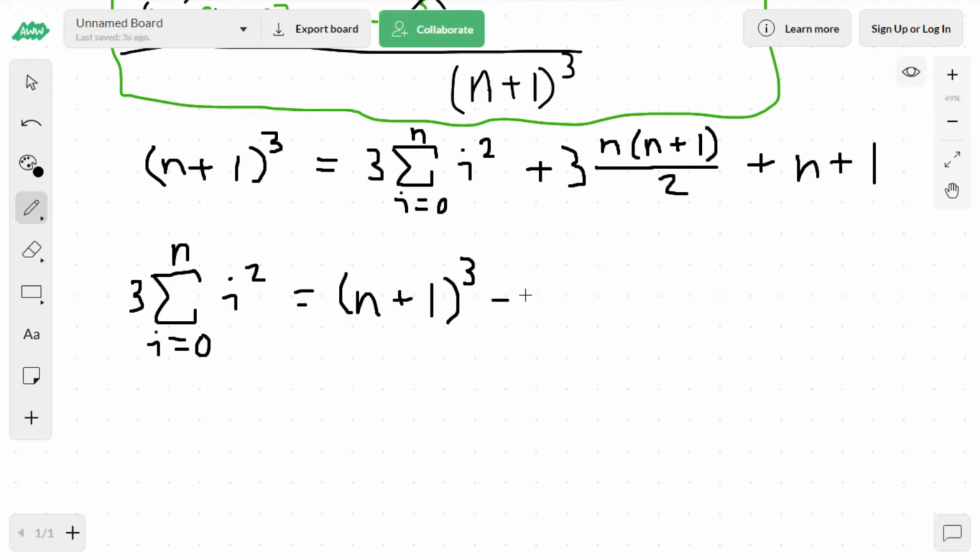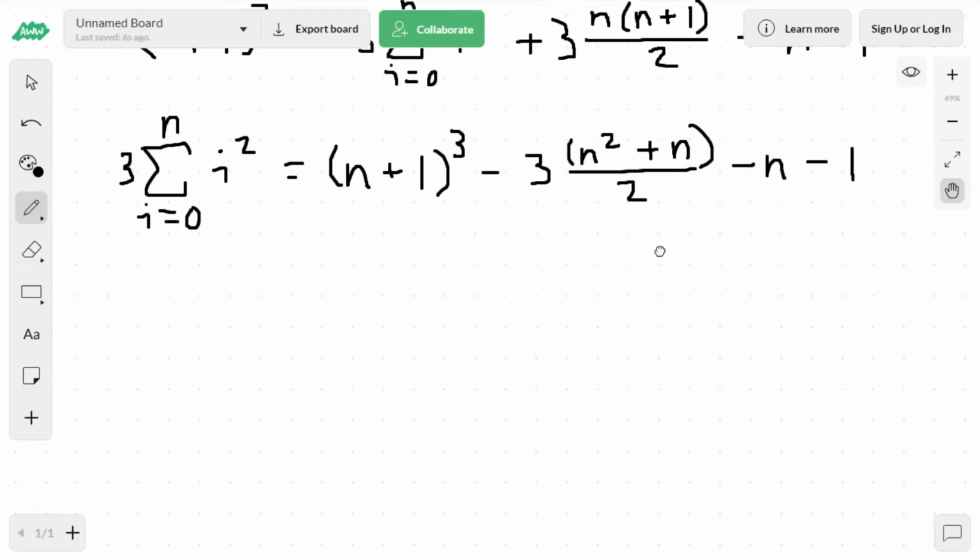So that's minus 3 times, well, I guess we could expand that while we're here, right? So n squared plus n, and this is all divided by 2. And then minus n minus 1. Keep in mind to distribute that negative in the n plus 1 there. Okay, cool.